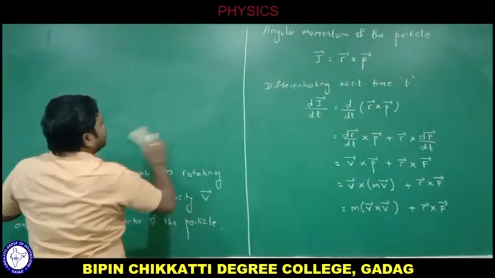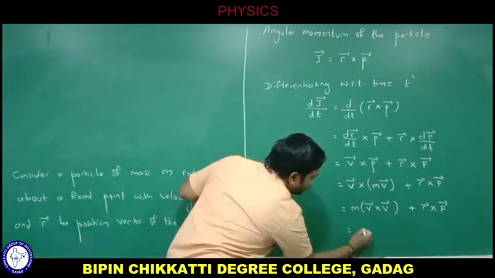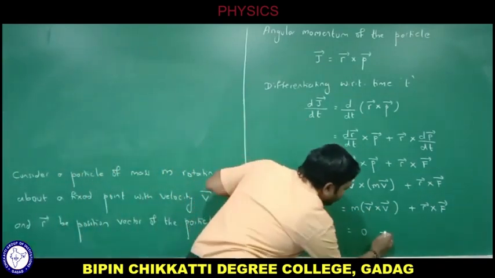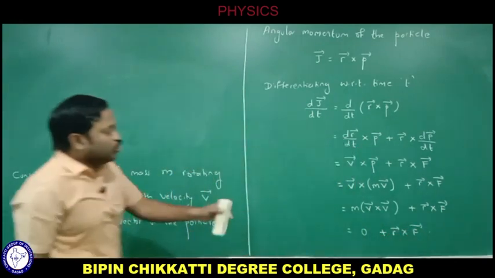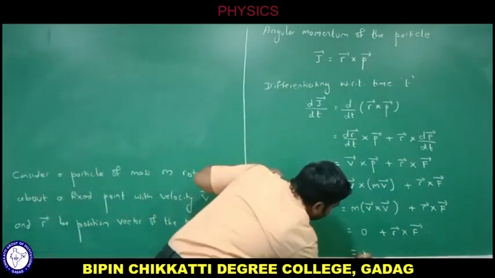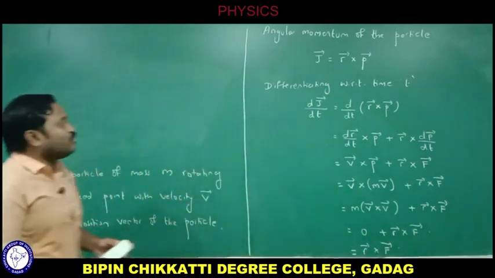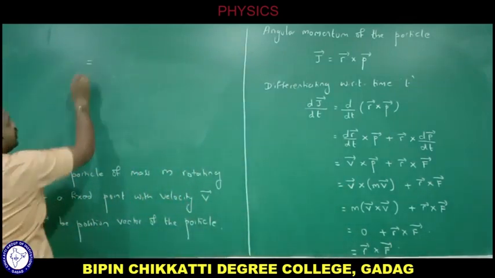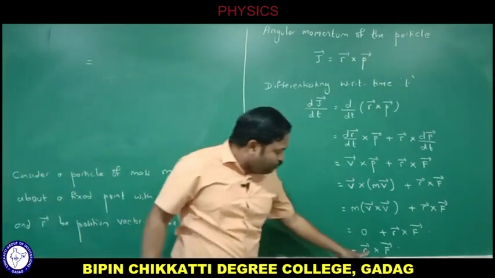So let me substitute here. What is v cross v? It is 0. 0 into something is again 0. What do you get here? 0 plus r cross f. Okay. Here we will be getting r cross f. What is r cross f? Let me write like this. That is equal to r cross f. What is this? Is it moment of force?